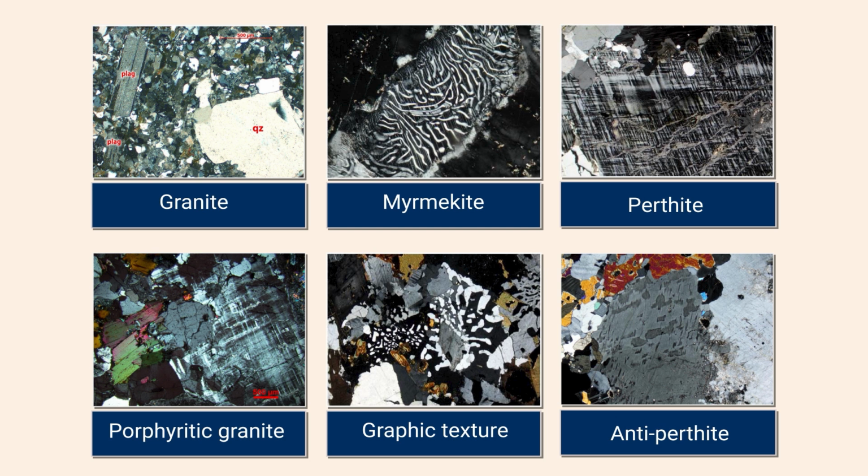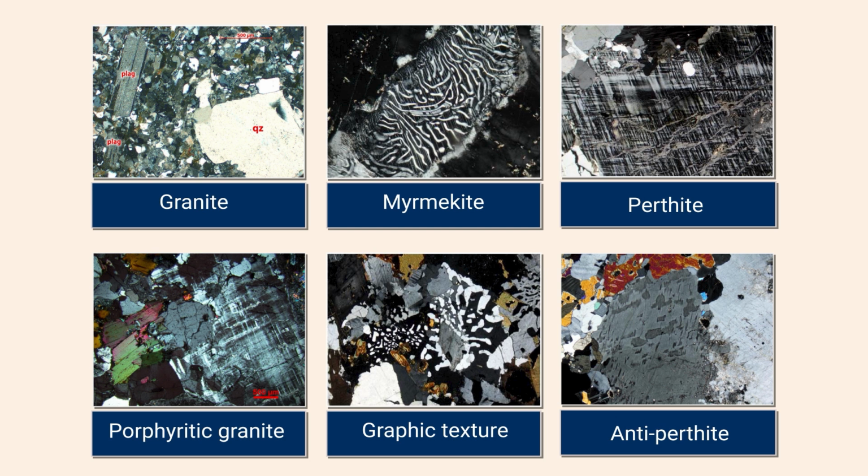So, here are two exsolution textures. We have the perthite, which is the exsolution of albite from an orthoclase host. Antiperthite is the opposite of perthite where you have alkali feldspar exsolving out of a plagioclase host.